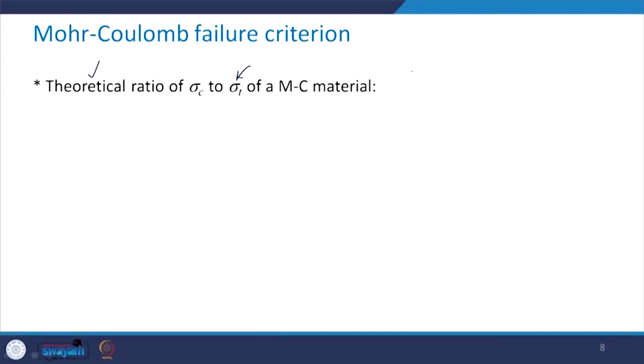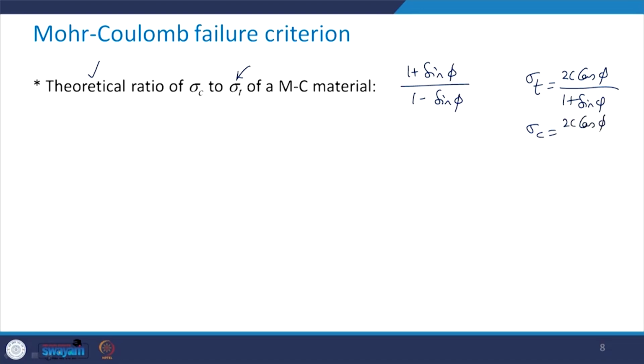So this is going to be 1 plus sine phi divided by 1 minus sine phi, because we saw that sigma t was 2c cos phi upon 1 plus sine phi, and sigma c was 2c cos phi divided by 1 minus sine phi.